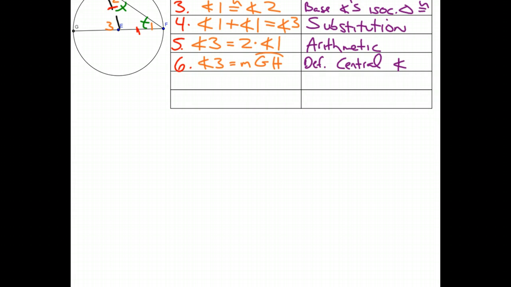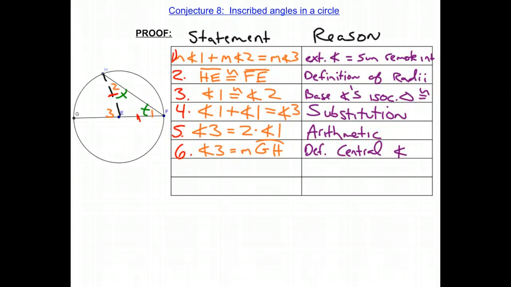So we have angle 3 is equal to arc GH. We also know that angle 3 is equal to twice the measure of angle 1. So now what can we say? Well, we can use substitution once again to say that the measure of arc GH is going to be equal to twice the measure of angle 1.